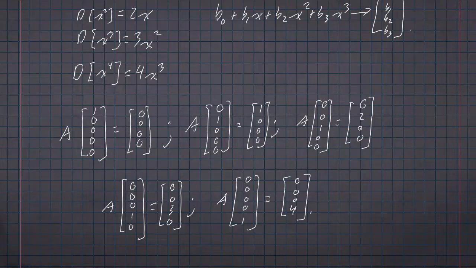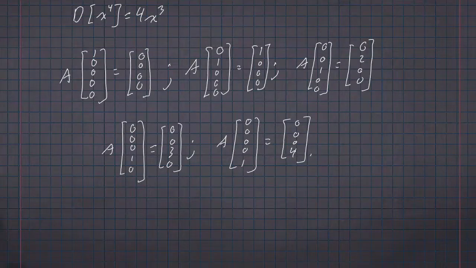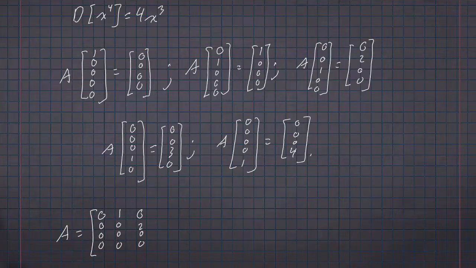So once we have made that translation, we can write the matrix transformation by taking its columns as each of these, giving us a result that looks something like that.